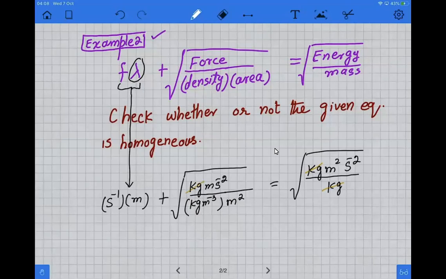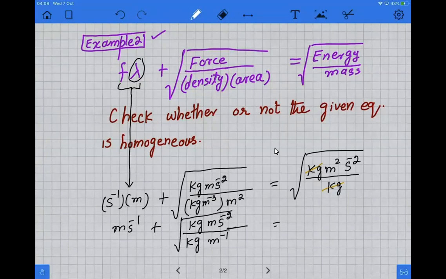So what you get is meter second minus 1 plus kilogram meter second minus 2 over kilogram meter minus 1 under root of this is equal to meter square second minus 2 under root.